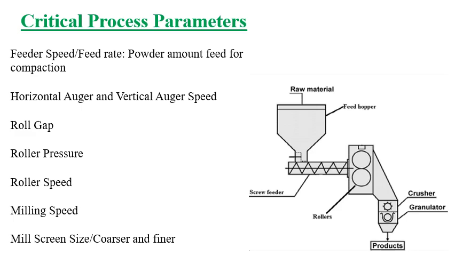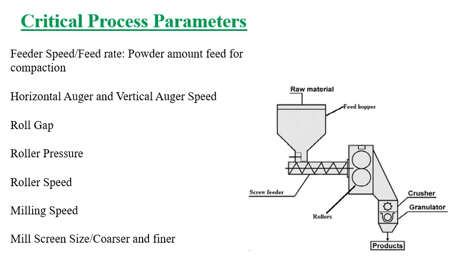So the powder feeding rate should be optimized and should be in line with the roller speed, roller gap and mill speed. Then the feeding arrangement is with a horizontal auger or vertical auger.